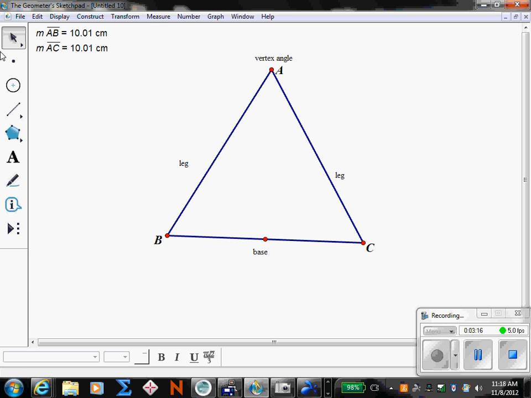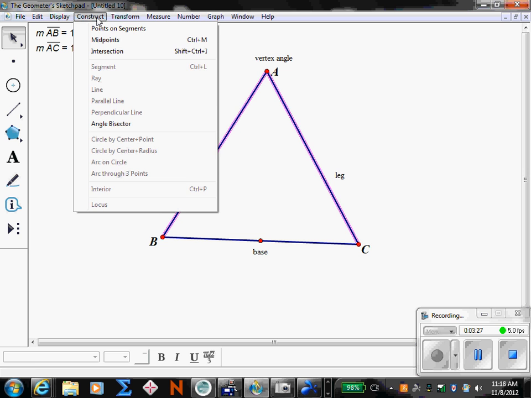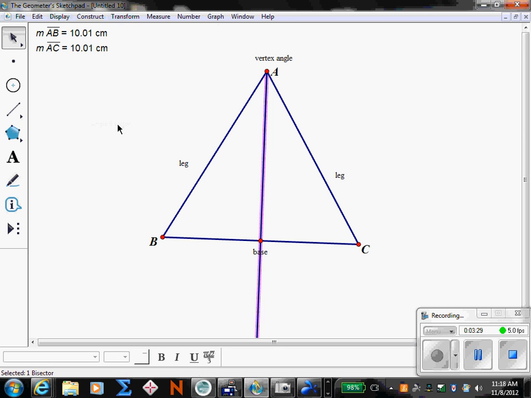I am going to bisect this vertex angle. Notice what happens. It goes right back through the midpoint of the base and is the same line as the perpendicular bisector that I used to construct the angle.